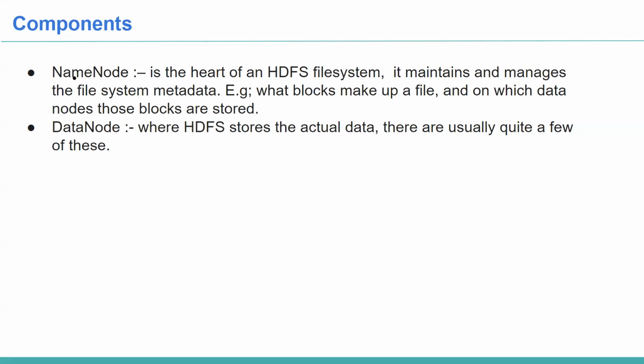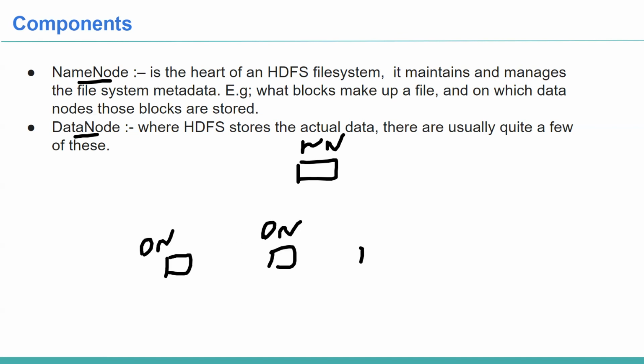There are two concepts that we are going to see, two nomenclatures of a distributed framework in SDFS: a name node and a data node. Let's say we have 3 nodes, DN1, DN2, and DN3. The responsibility of a data node is to store the data. So we will have the data stored in a data node.